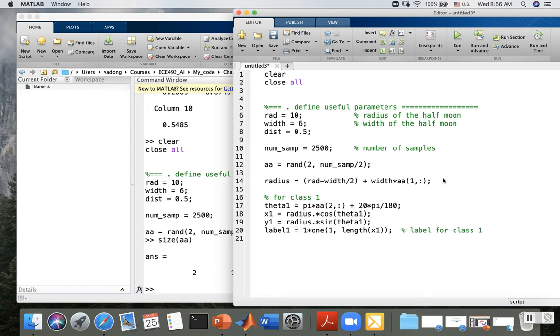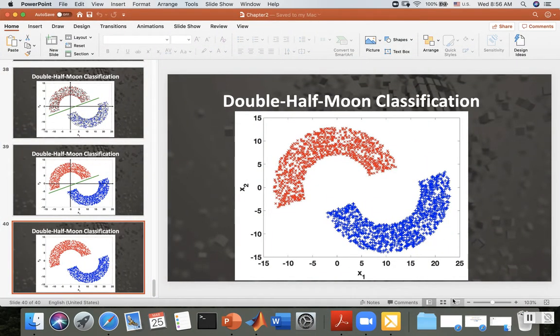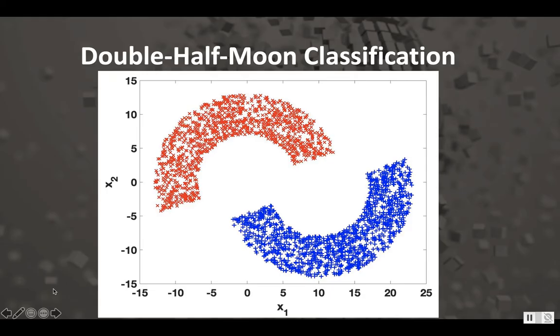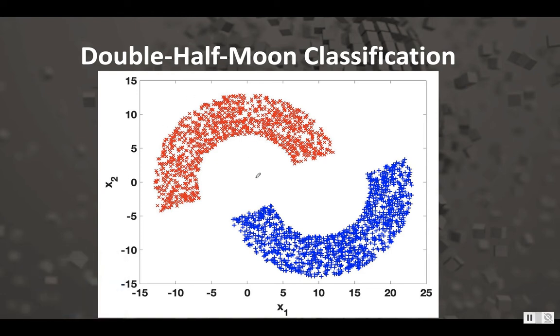Okay, let's explain what's going on here. Let's go back to this figure and see what this means. I will use the green color. Here, this is the center of the half moon, for example. Let's look at the red color first. We know this is the radius, equal to 10 or 10 plus that value.